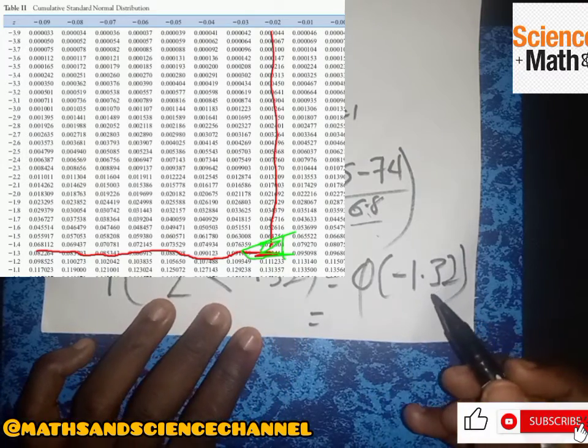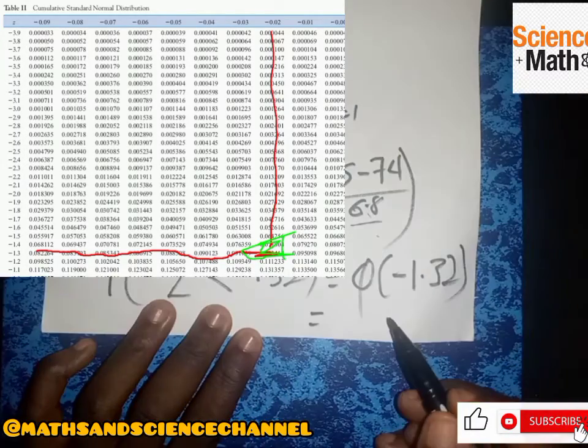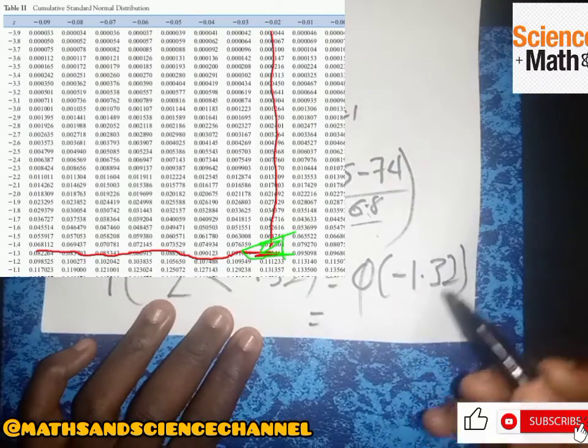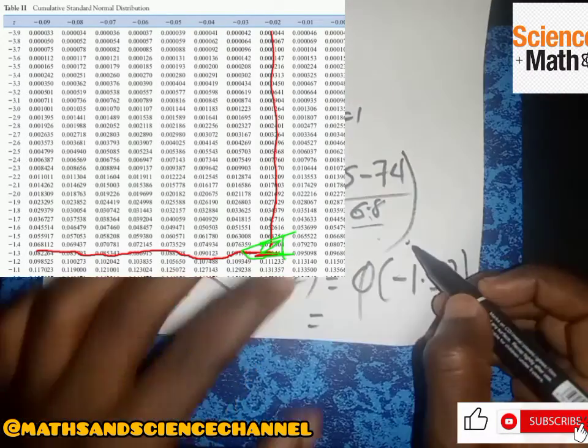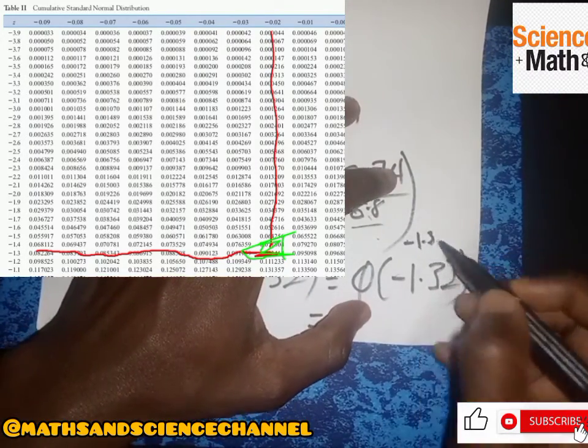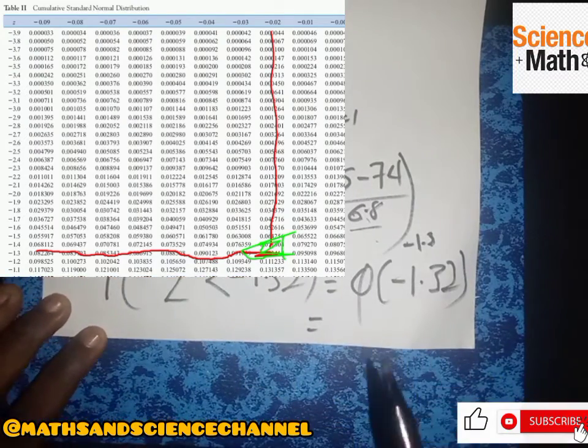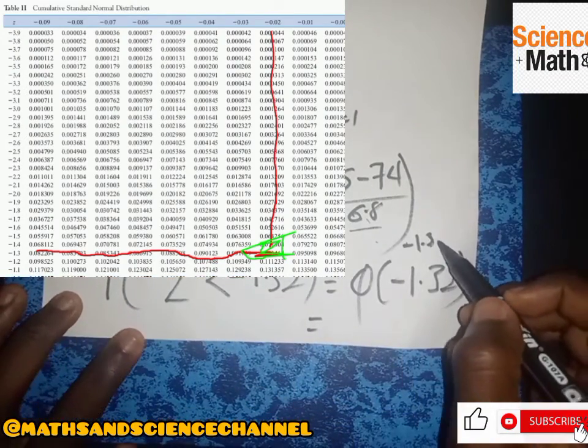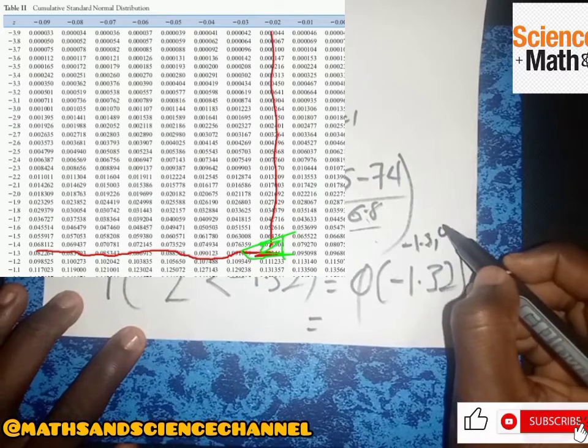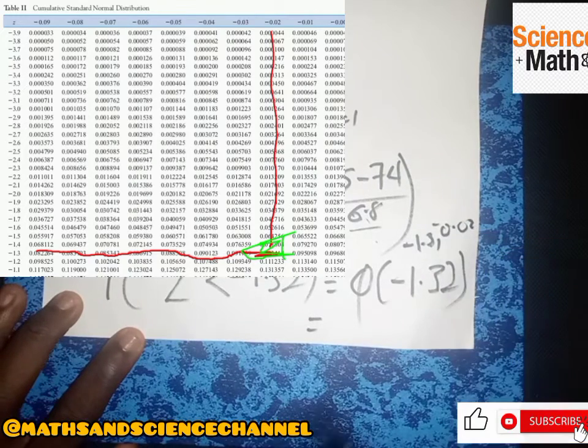Now using the z table, this time we are going to use the negative z table. We are looking at negative 1.3 on the left-hand side, and at the top we look at negative 0.02.